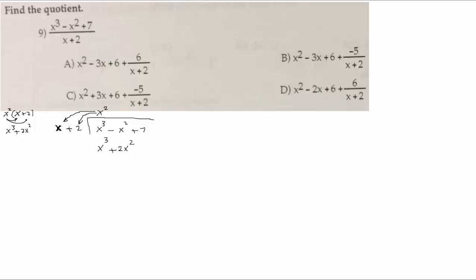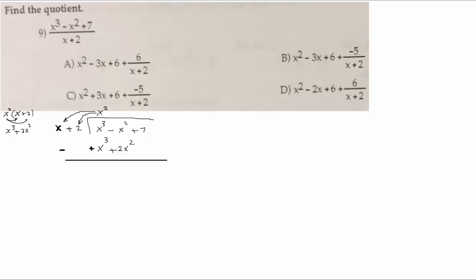And now we need to find the remainder, right? To find the remainder, we need to subtract these two columns. So to subtract, what do we do? Can you remember that? Distribute the negative, so then it would become negative x cubed minus 2x squared.